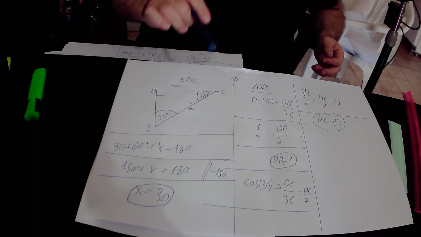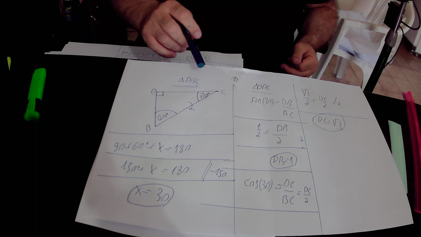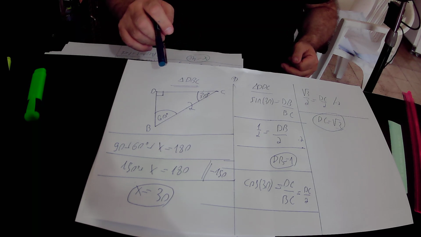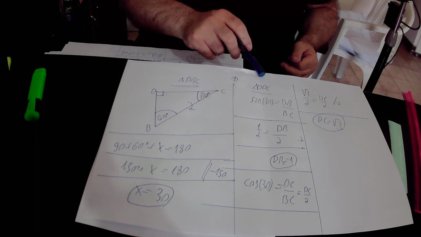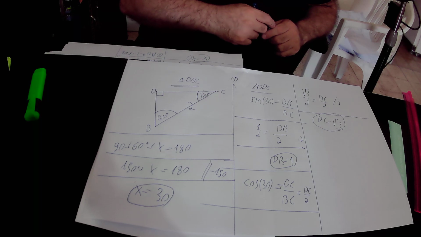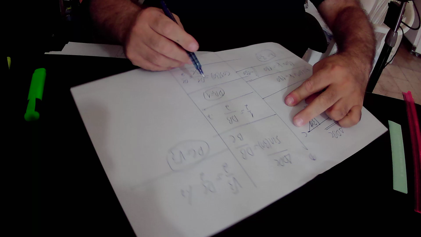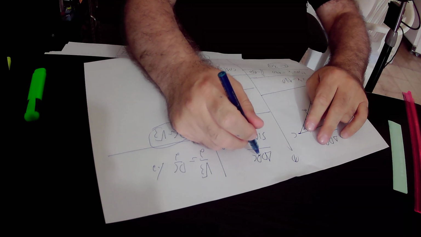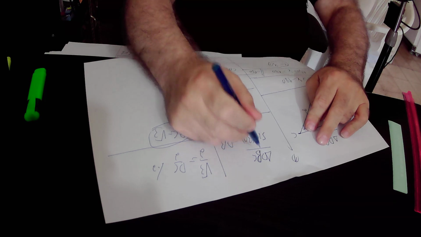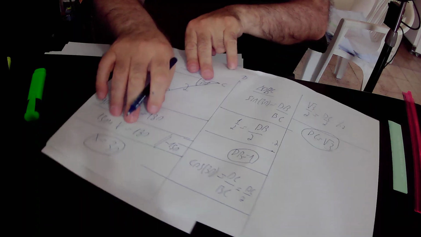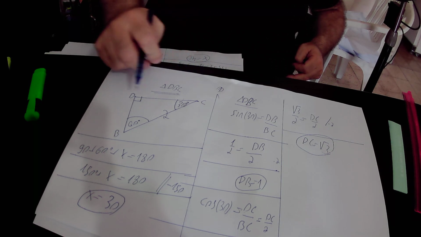We continue to focus on the right triangle DBC. In the right triangle DBC, sine 30 degrees equals DB over BC. This triangle DCB, or you can write triangle DBC, sine 30 degrees equals DB over BC.